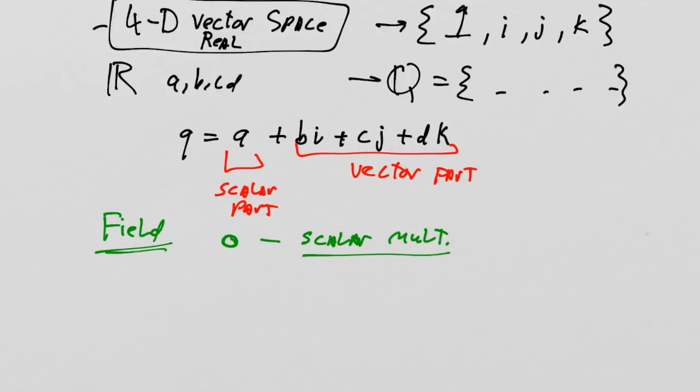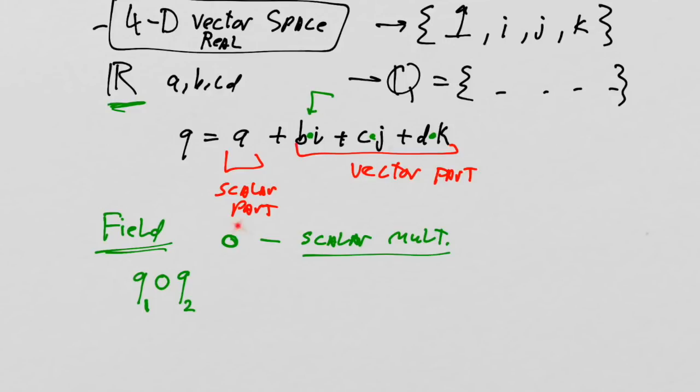This is a huge problem because we've already got a scalar multiplication. We have a scalar multiplication that takes the bin of scalars and gives you new vectors, and I would make that as a solid dot. But fields have their own form of scalar multiplication that allows you to take any two quaternions and multiply them together using this scalar multiplication.